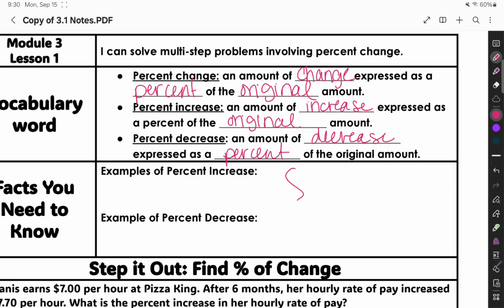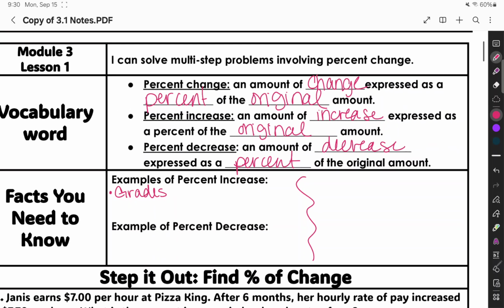And we see this all around us in the real world. Some examples of percent increase are when our grades go up. We see an increase in our overall total when we pay taxes, fees, or a tip.